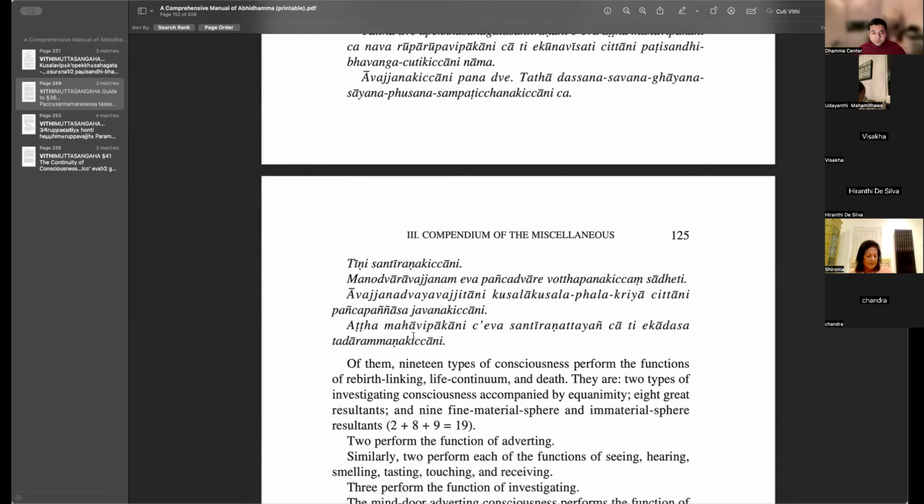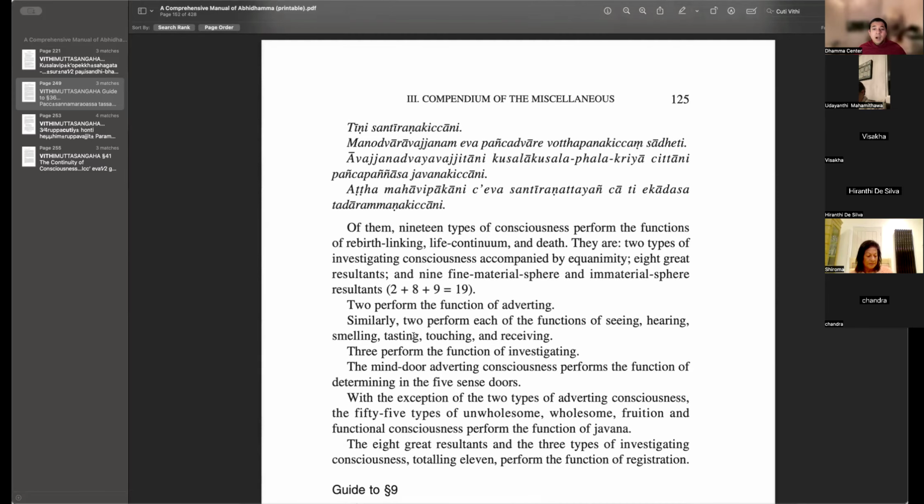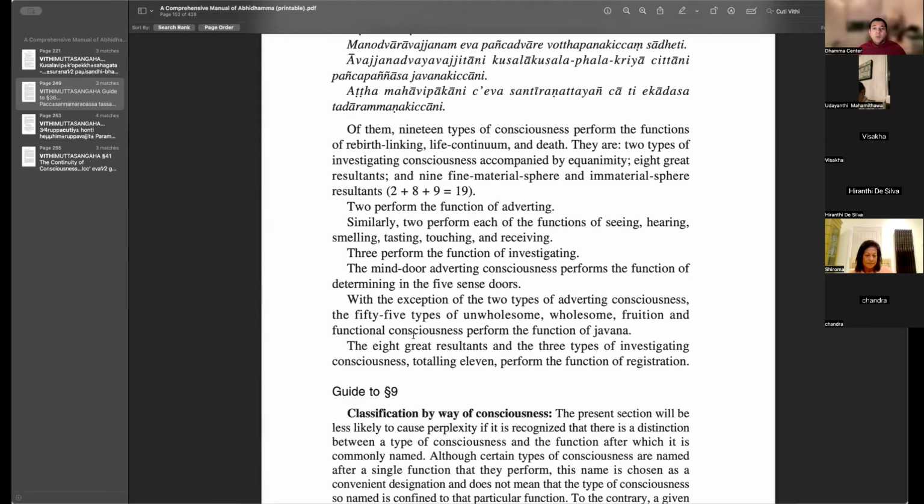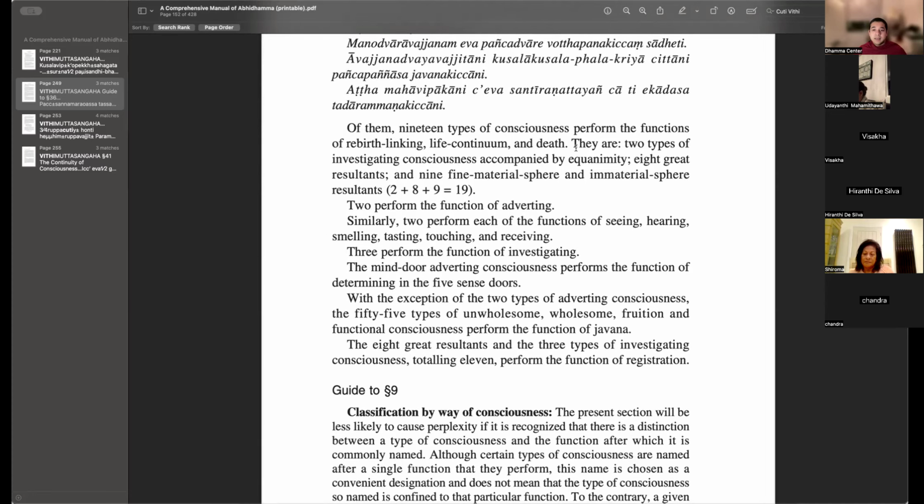Now we come to what the consciousnesses are. Of them, 19 types of consciousness perform the functions of rebirth linking, life continuum and death.